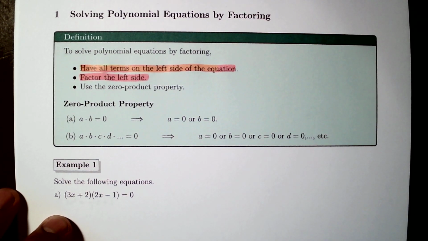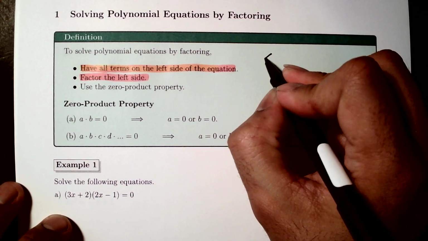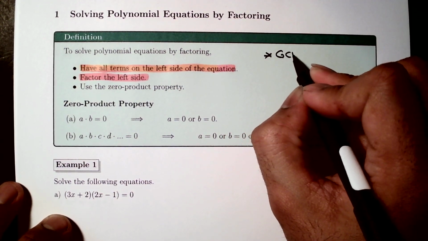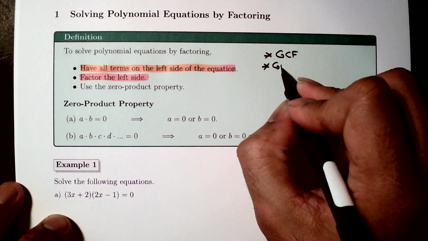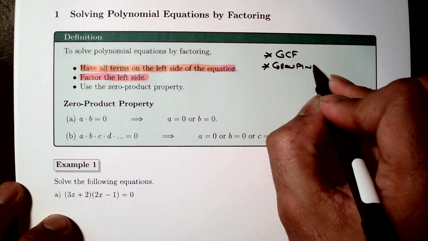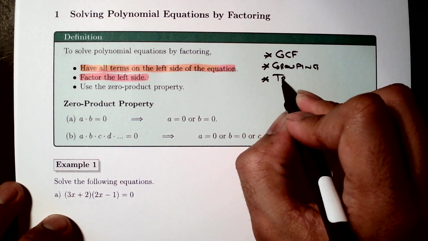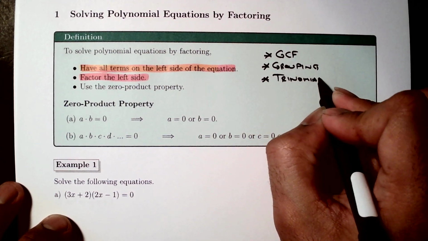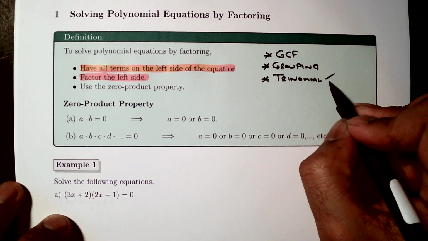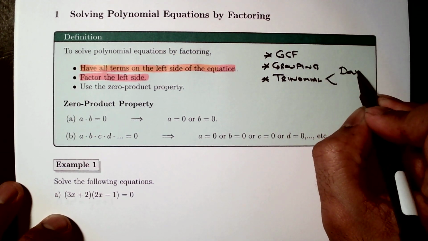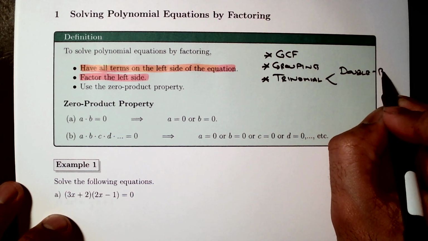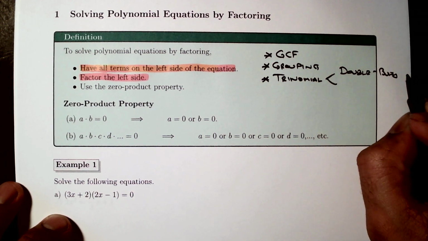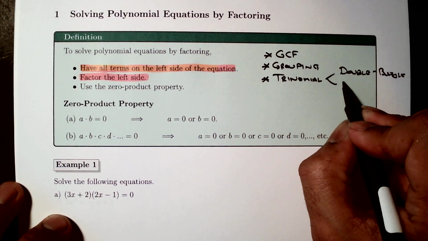In this case, you may use every single technique that we have learned in the previous sections for factoring, such as the GCF. Like the easiest one, which is the GCF, maybe grouping, maybe a trinomial, and in this case there are two cases, double bubble or diamond method.